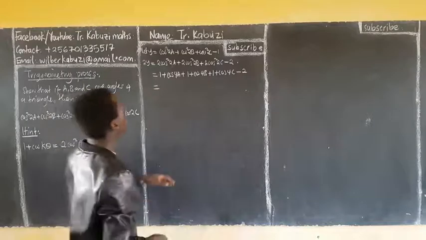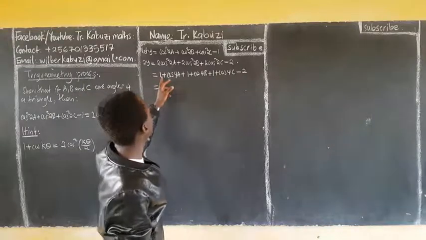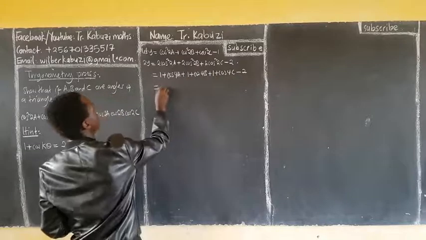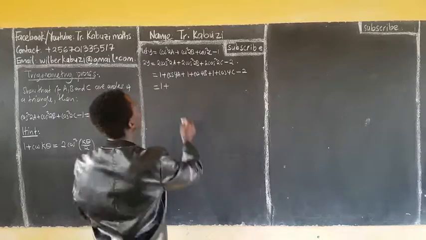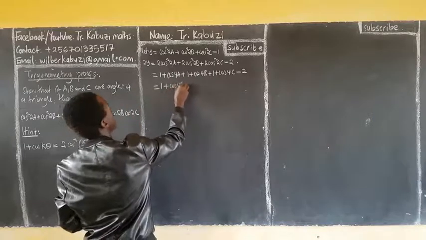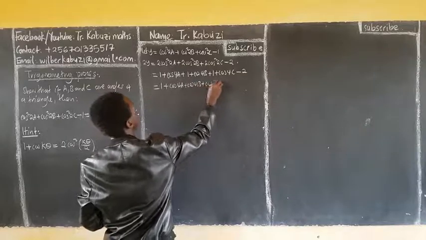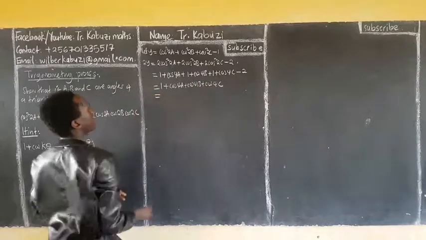From there, we shall be having 3 minus 2, which gives 1. Now plus, we have cos 4B plus cos 4C. So we apply the factor formula here.